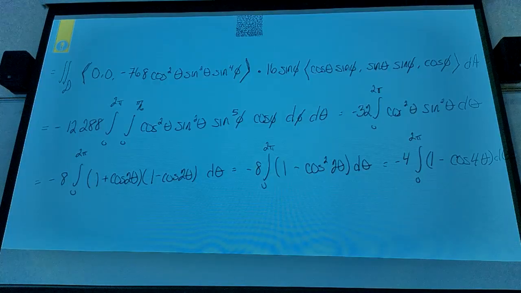It's 2 pi divided by 4. We're integrating 0 to 2 pi. Length of that is 2 pi, right? Is that a multiple of pi over 2? Yes, it is. Cosine 4 theta integrates out to 0, and you're just left with 2 pi as your integral. Then multiply that by the minus 4. You get -8.